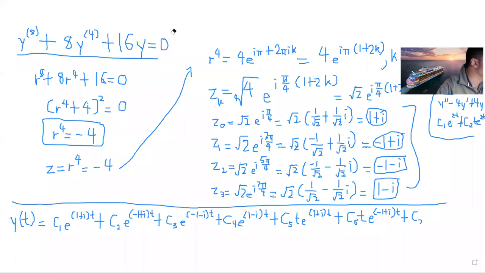Sorry about that. C7 t e to the power of negative 1 minus it, plus C8 t e to the power of 1 minus it.